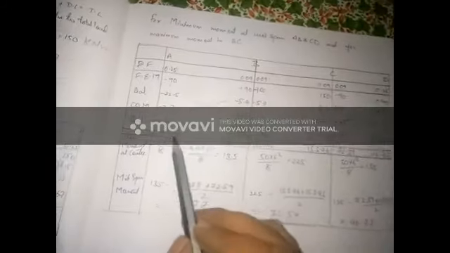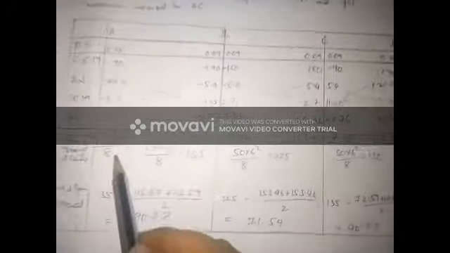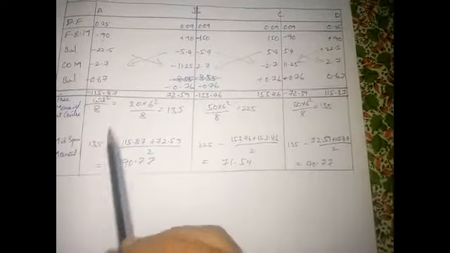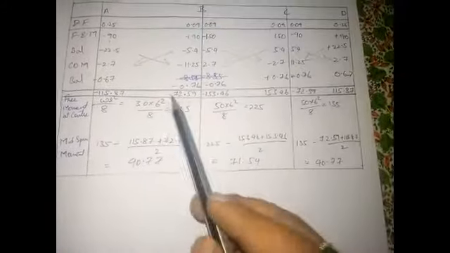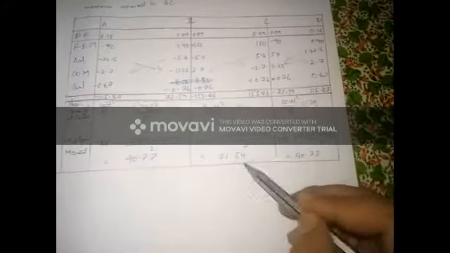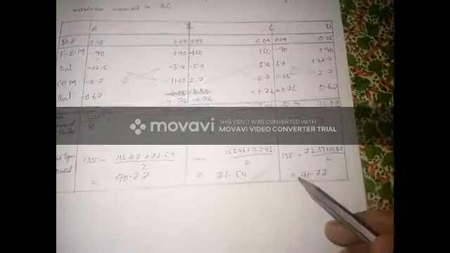After that we will sum these values, then free moments we will calculate, WL square by 12, that is 30 into 6 square by 12, 50 into 6 square by 12. Then we will subtract the resultant moments from the free moments. So here in this case we got the maximum moment when we consider the midspan as maximum.